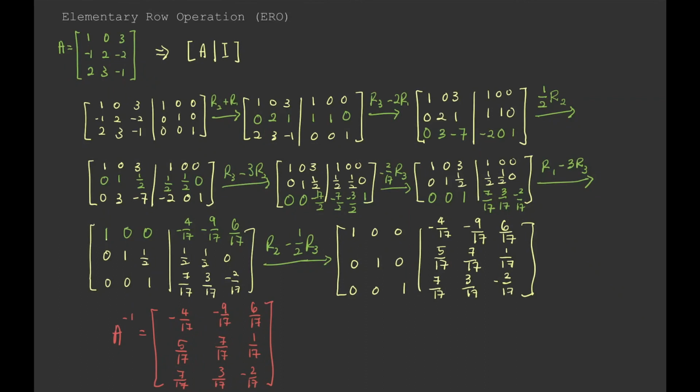We take out our scalar, so it becomes 1 over 17 times, inside here we have negative 4, negative 9, 6, 5, 7, 1, 7, 3, negative 2.